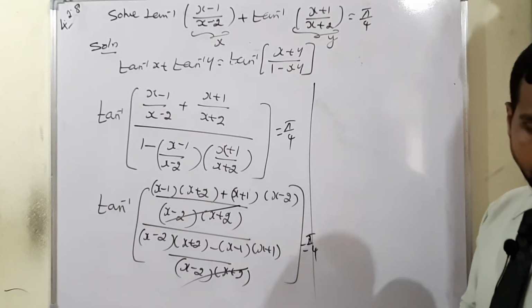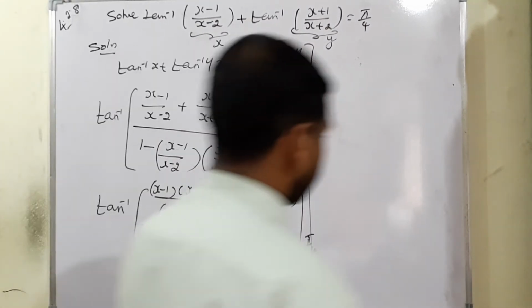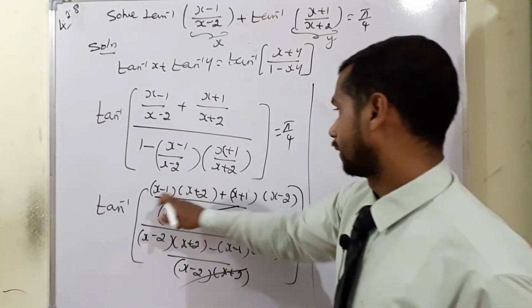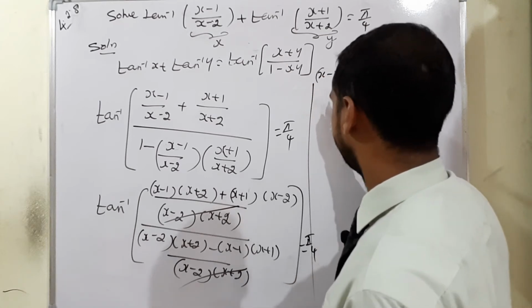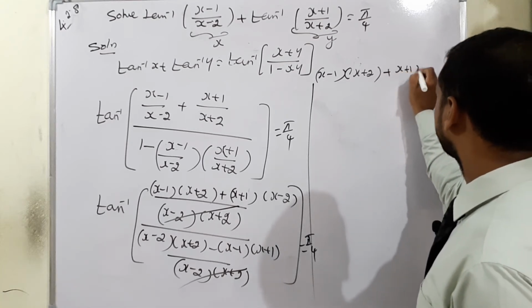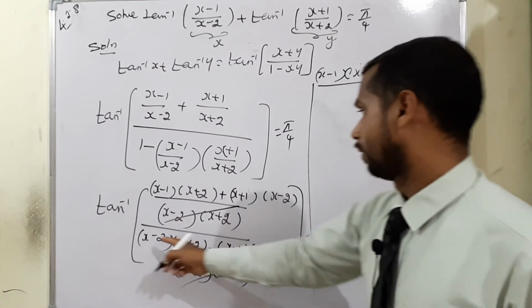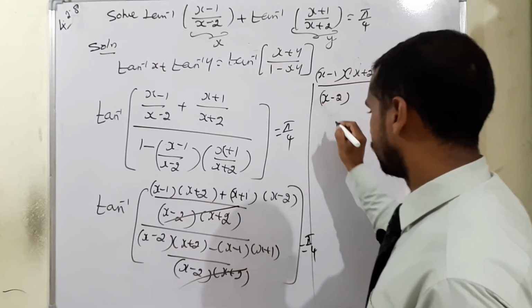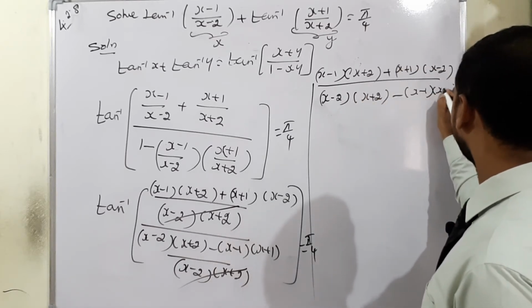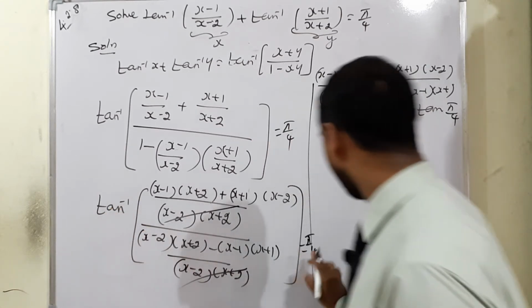After cancellation: (x minus 1) into (x plus 2) plus (x plus 1) into (x minus 2), the whole divided by the denominator (x minus 2) into (x plus 2) minus (x minus 1) into (x plus 1), is equal to tan pi by 4, because tan inverse moves to the opposite side.